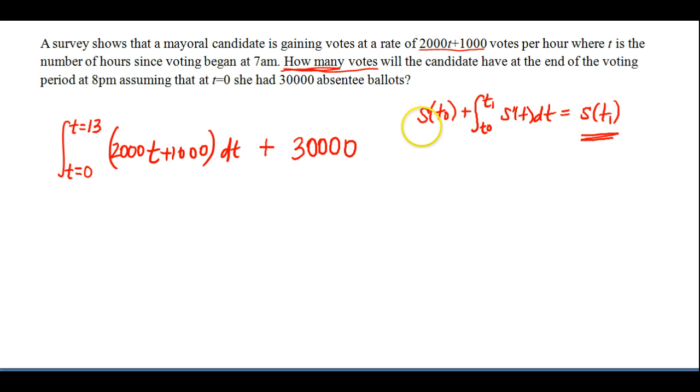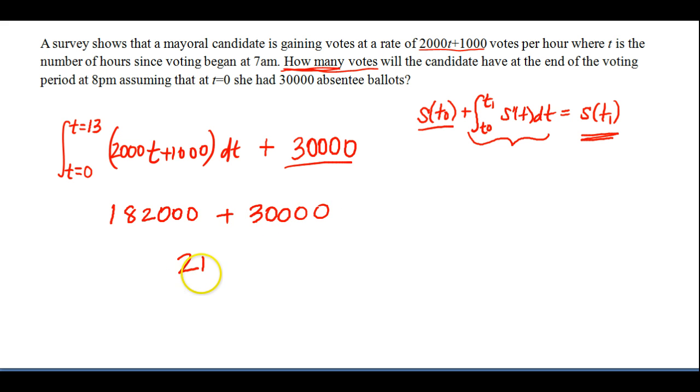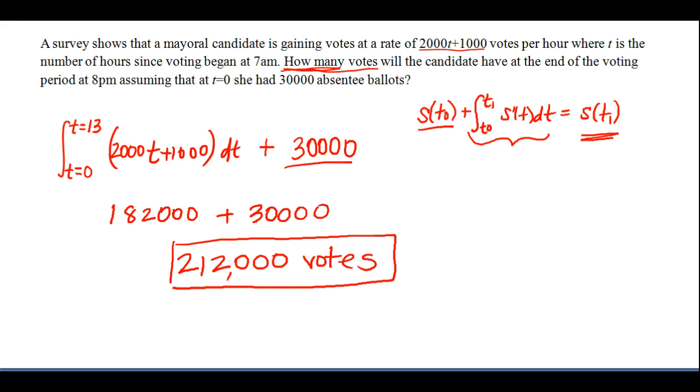I needed to add how many I started with, that's s of t0, and then I needed to figure out how many were being added on. So now, if we evaluate this integral, I get 182,000 votes plus the 30,000 absentee ballots, which is a total of 212,000 votes. And that there is my final answer.